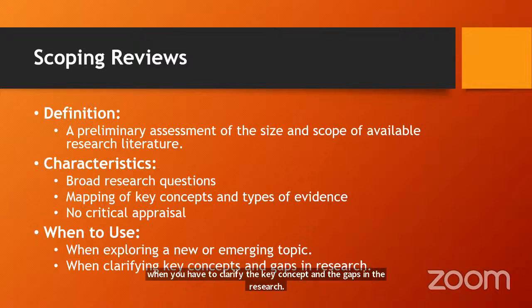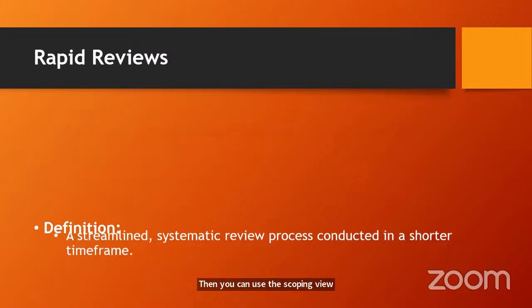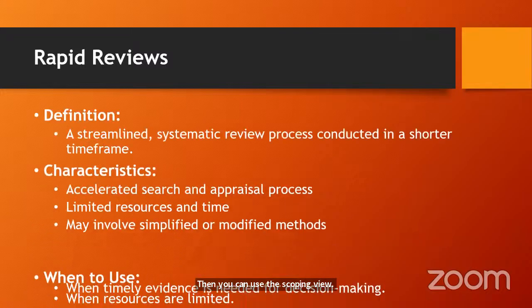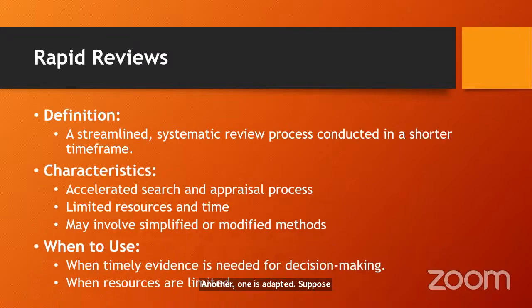Another one is a rapid review. Suppose you need timely evidence for decision making, then you can do a rapid review. It has the characteristic of limited resources and time. If you want to do a simple review, then you can use a rapid review.